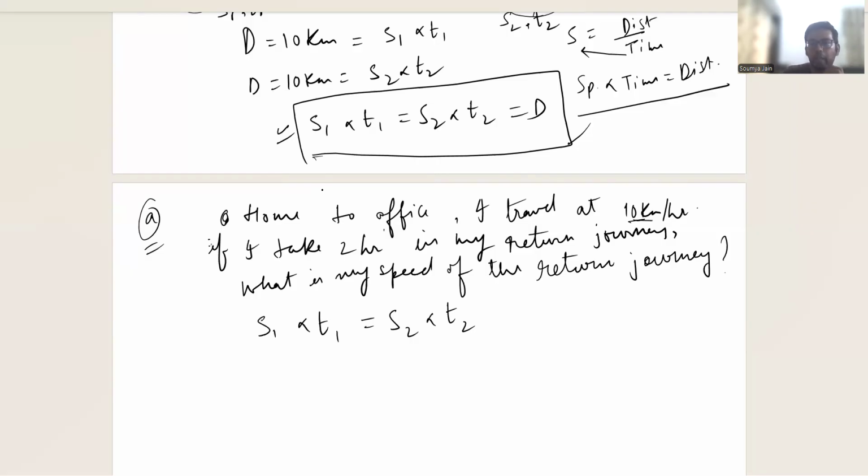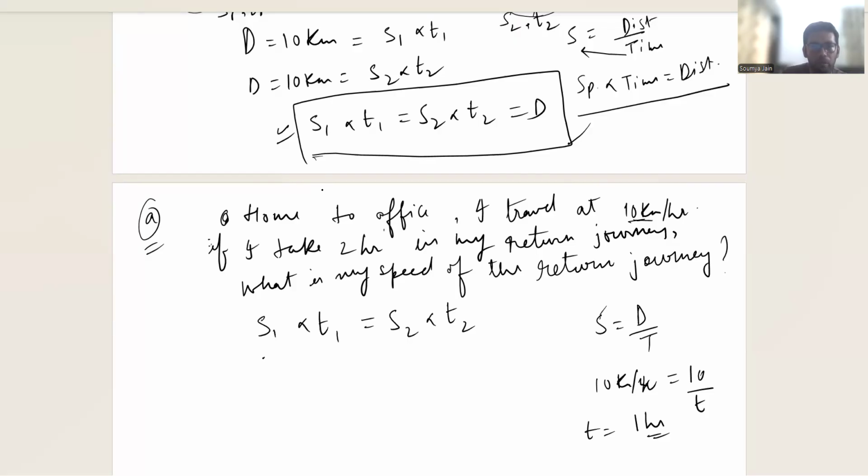Now, how do we find out the time? Using the formula. So speed is what? Distance by time. This is given 10 km per hour. Distance is 10. Just a second. Let me just clear this. And time we have to find out. So time becomes 1 hour.